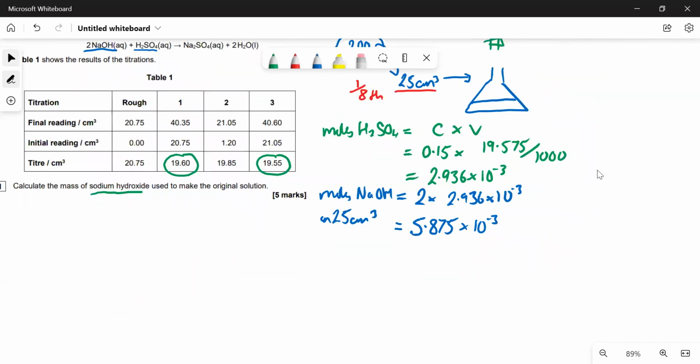So the moles NaOH in 200 centimeters cubed is equal to 5.875 times 10 to the minus 3 multiplied by 8, which gives us 0.04698.